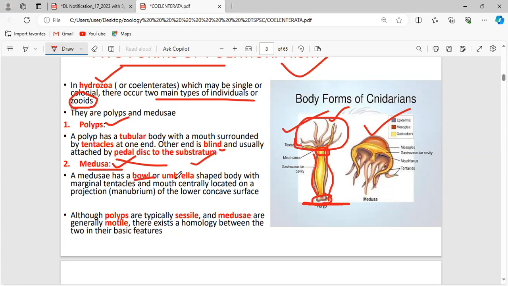The medusa has a bowl or umbrella-shaped body with marginal tentacles and a mouth centrally located on a projection called the manubrium of the lower concave surface. It looks like an umbrella, and both the medusa and the polyp have tentacles.